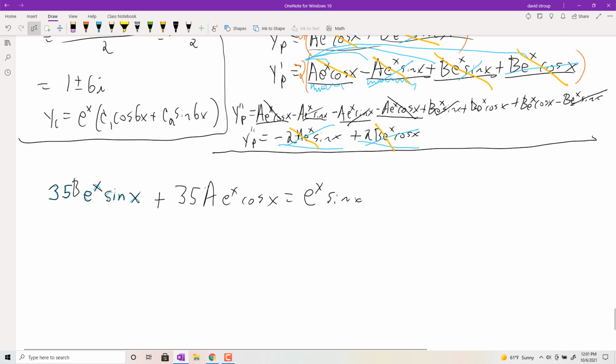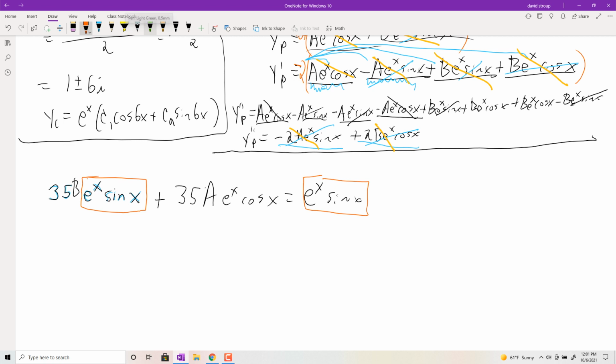So you're looking for terms e to the x sine x on both sides. The coefficient on the right is just 1. On the left, I have 35b e to the x sine x. On the right, I have 1 e to the x sine x. So b is equal to 1 over 35.